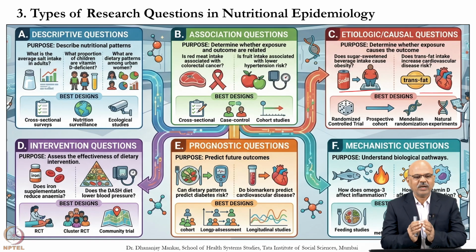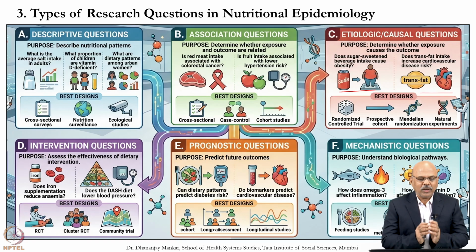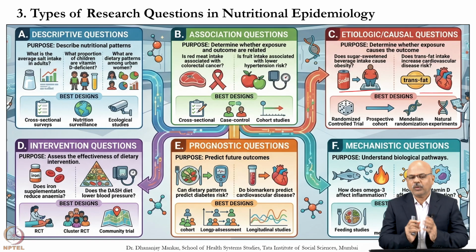Or does the DASH diet lower blood pressure? Okay, there is a DASH diet and how effective it is in blood pressure. So what are the best designs being stated over here? RCT, cluster RCT or community trial. So intervention questions are very, very important. So you can select among these also.